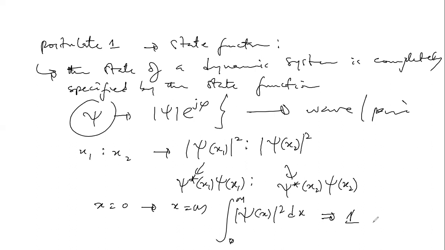But should we consider n particles, then this will become n. Okay? And if, for instance, the wave function is normalized, then the probability of finding this particle in the range from x to x plus dx will be the same as the probability distribution function times dx.